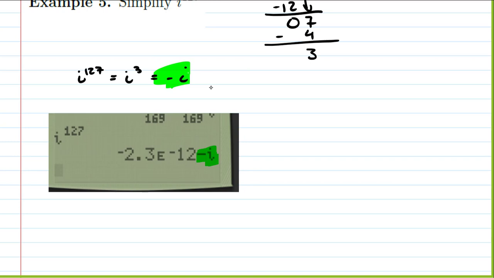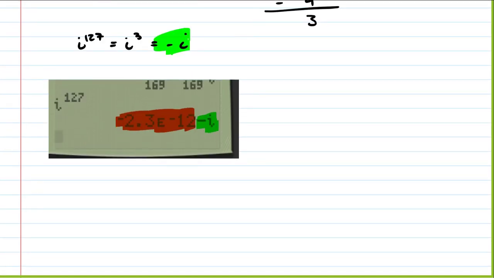But we've got this other bit over here, 2.3 e to the negative 12. So just to remind us, the e to the negative 12 is scientific notation.